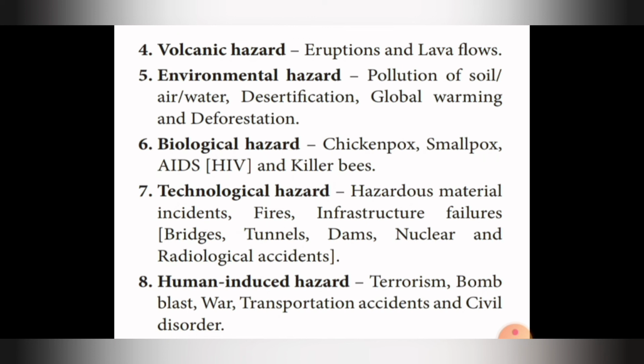Seventh one, technological hazard. What is technological hazard? Hazardous materials, incidents, okay, fires, infrastructure failures, bridges, tunnels, dams, nuclear and radiological accidents happen. And the last one is human induced hazard. Terrorism, bomb blast, war, transportation accidents, and civil disaster. So these come under what? Based on their origin hazards.